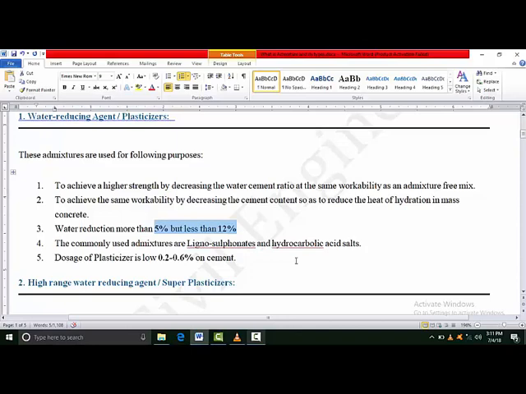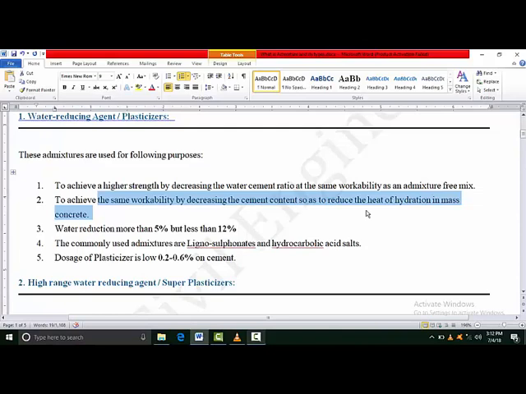What is the second benefit? To achieve the same workability by decreasing the cement content so as to reduce the heat of hydration in mass concrete. As I have already discussed, the workability stays the same with plasticizer while the water cement ratio is reduced. But if we use the plasticizer, we can also replace cement by some percentage, due to which the cement content decreases.